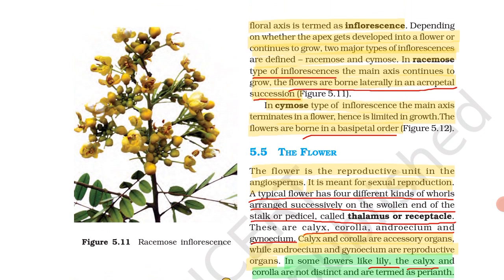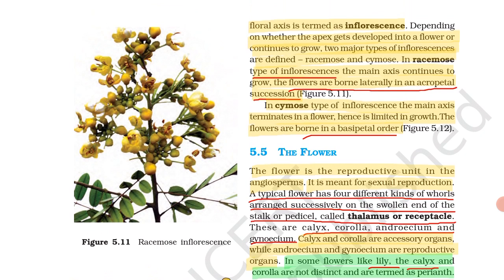In this type of inflorescence, the main axis continues to grow, and flowers are borne laterally in acropetal succession. Acropetal succession means what? From base to apex. Flowers are borne laterally from base to apex. This is called acropetal succession, and this type of inflorescence is called racemose inflorescence.